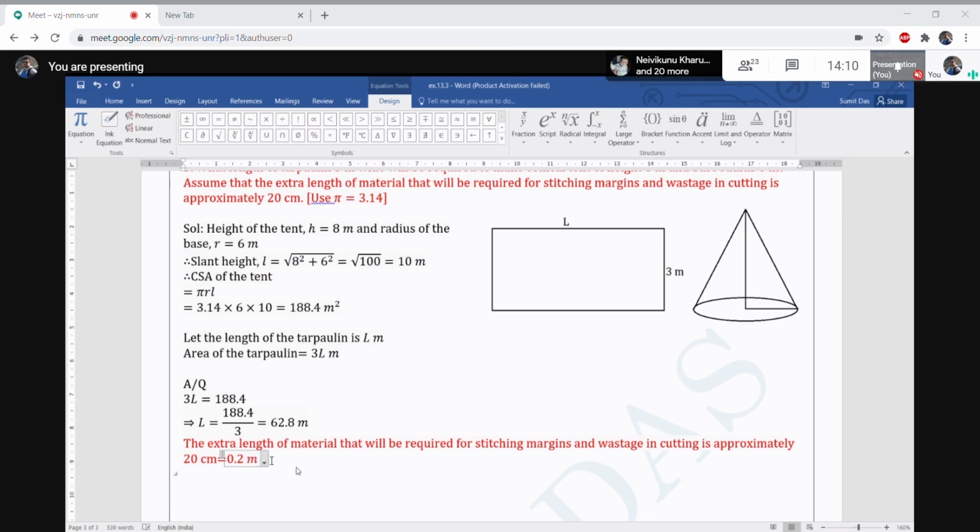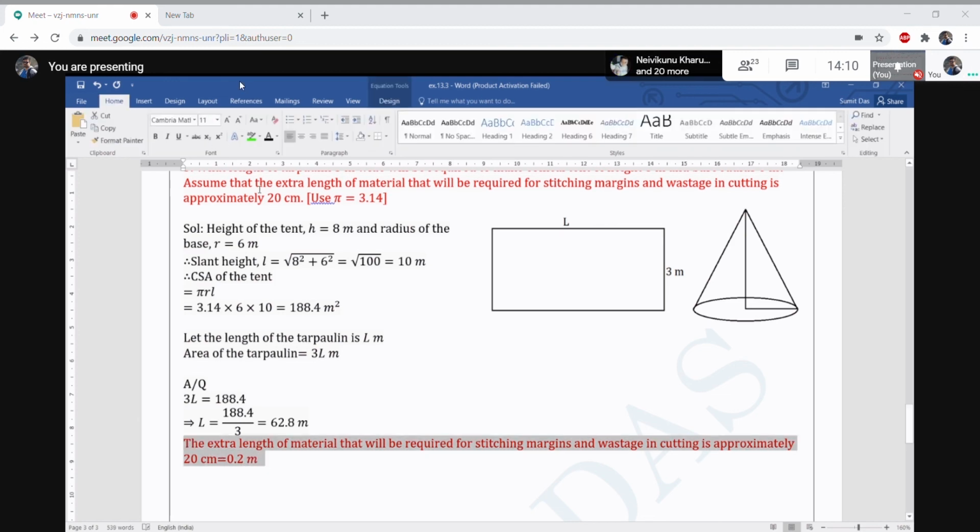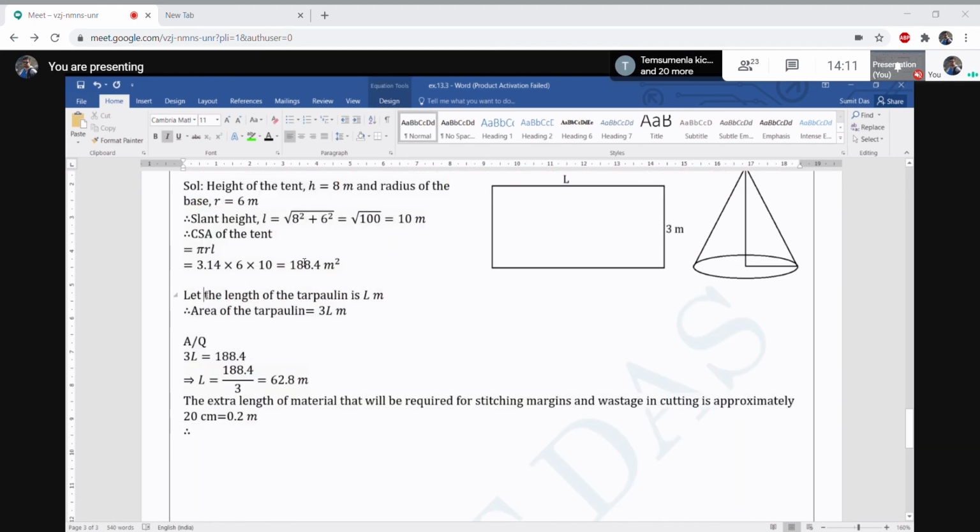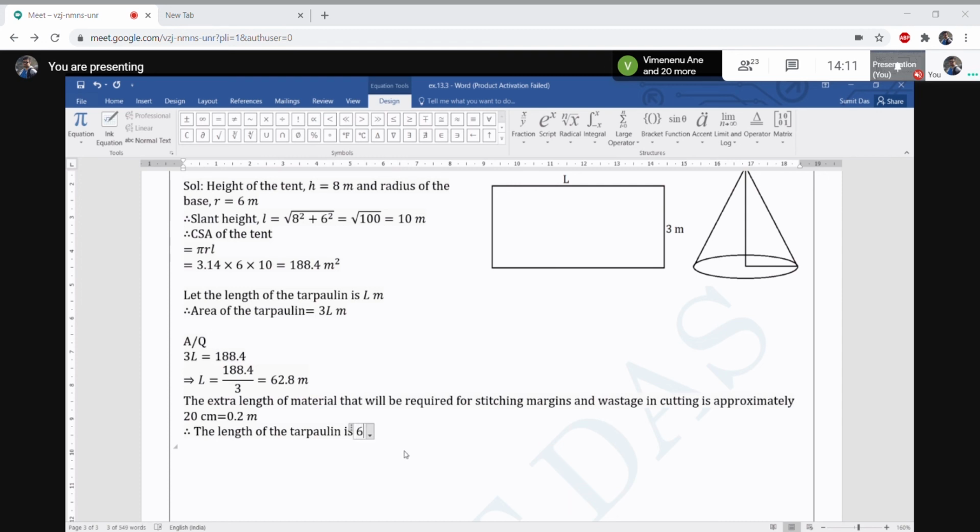We convert to meter because everything here is given in meter, right? Therefore the length of the tarpaulin is 62.8 plus 0.2, which is equal to 63 meter.